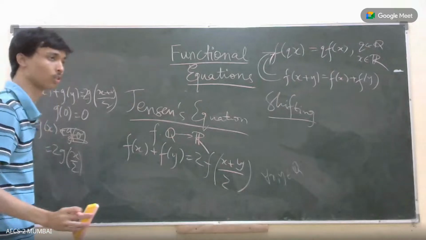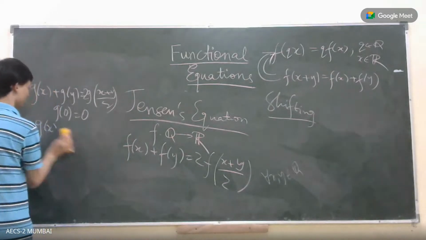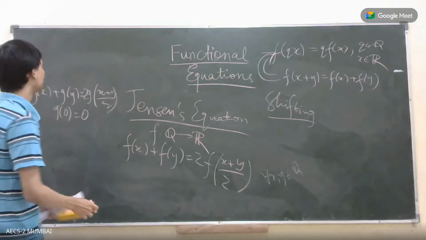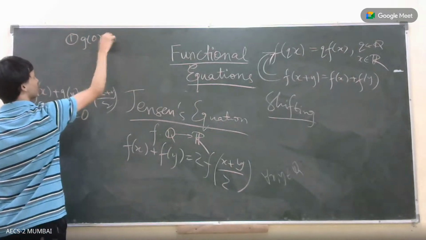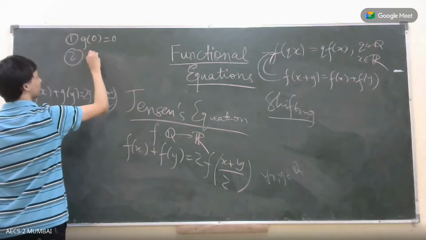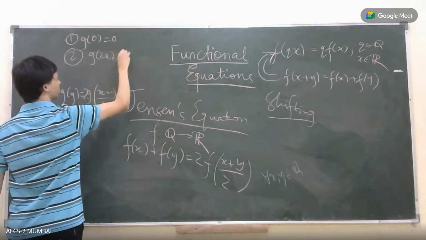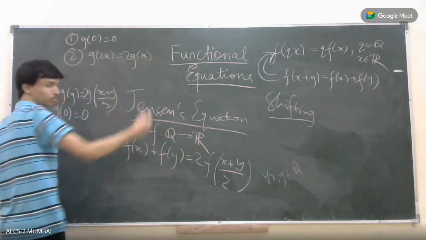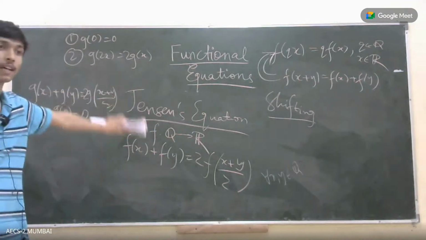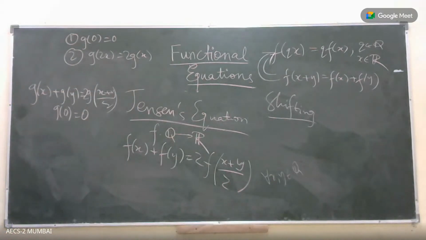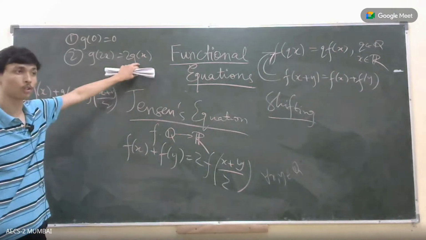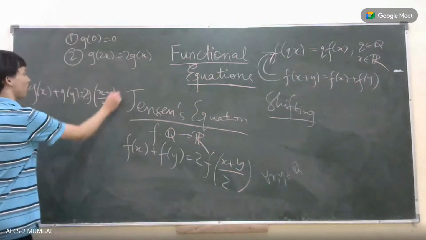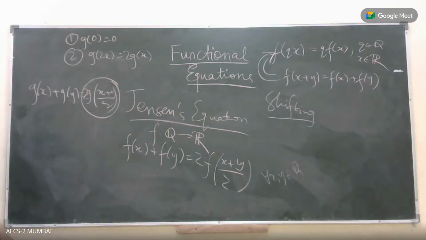This is a nice thing to do. So what do we know until now? g(0) = 0, g(2x) = 2g(x). These are the two things that we have. What if g(2x) = 2g(x)? What is 2g((x+y)/2)?